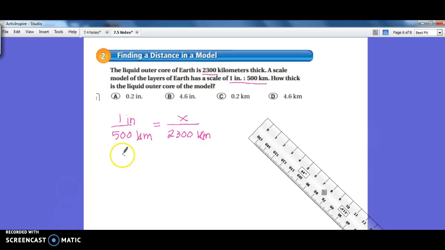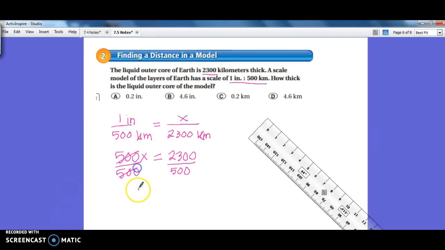So 500 times x, you can write it as 500x equals, cross multiply diagonally, 2300 times 1 is going to give you 2300. Okay, now I need to isolate x. So to undo multiplication, I'm going to divide by 500 on both sides.